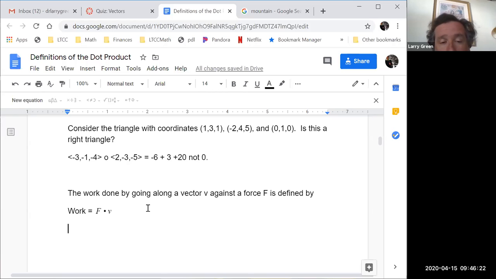If you're going from one place to another but the wind's changing, then you have to do an integral, but it's an integral we don't know how to do yet. That's going to happen next quarter, just to let you know. I like to give you a heads up, because right now we're assuming F is constant. Otherwise, we don't even know how to do this. Any questions on this so far?